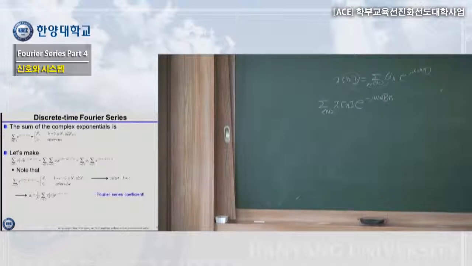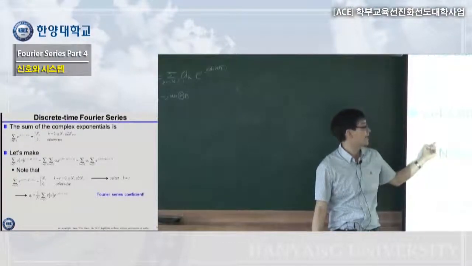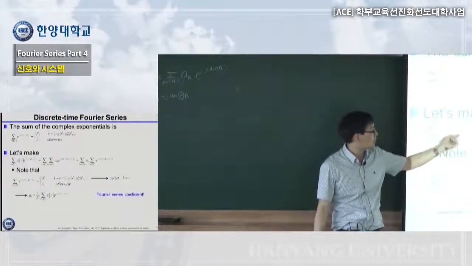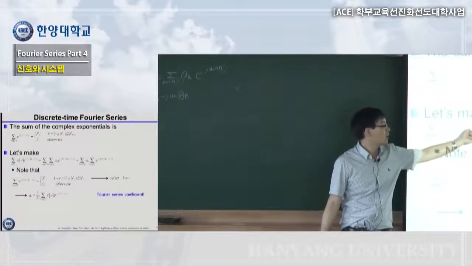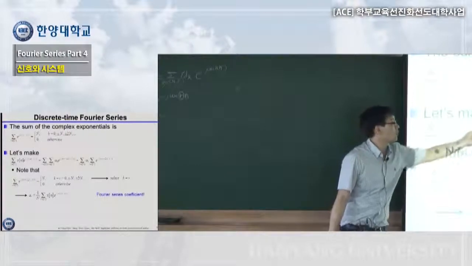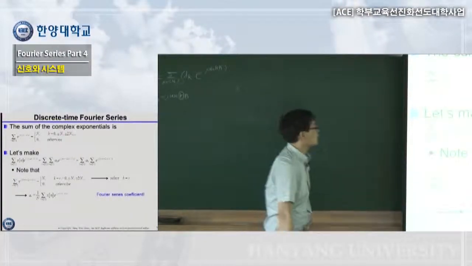Now let's say we have a period of large n, adding a number of n, and then xn times e to the minus j r instead of k, 2 pi divided by n, where the period omega 0 is the frequency, times n. And we can divide them.